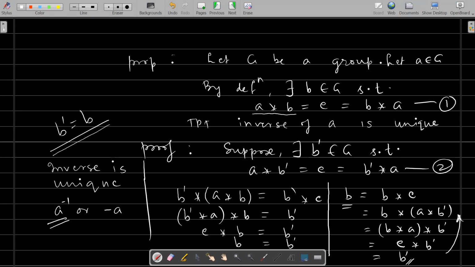Usually for proofs in group theory, we prefer multiplicative notation, and every time we may not write star. So in that case, we use this notation for inverse, A inverse. And if the group is additive, we use minus A, the additive notation. This is for multiplicative notation.